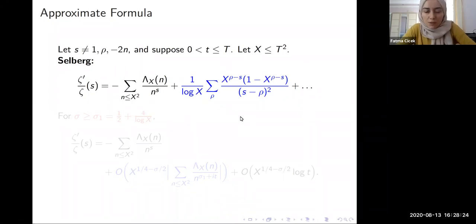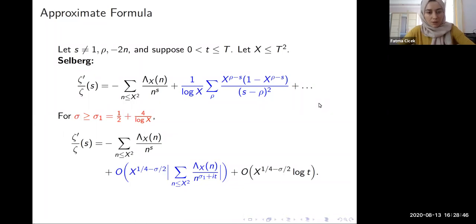And the important thing in this expression is this blue term that I have here. This is a sum over non-trivial zeros. The other terms are just terms that depend on trivial zeros or the pole of the function at s equals 1, so they are easier to deal with. Since we want to have a Dirichlet approximation for the logarithmic derivative, we want to see what we can do for this blue term.